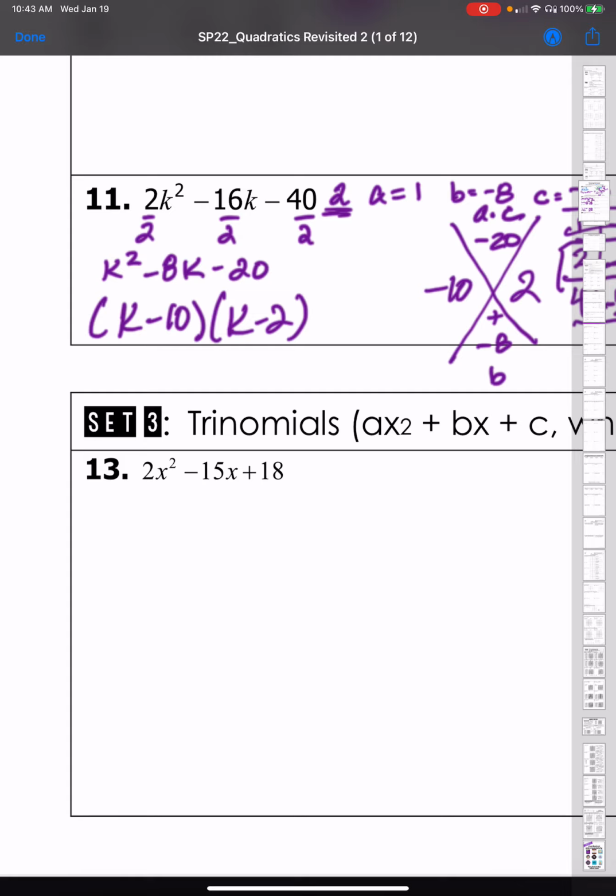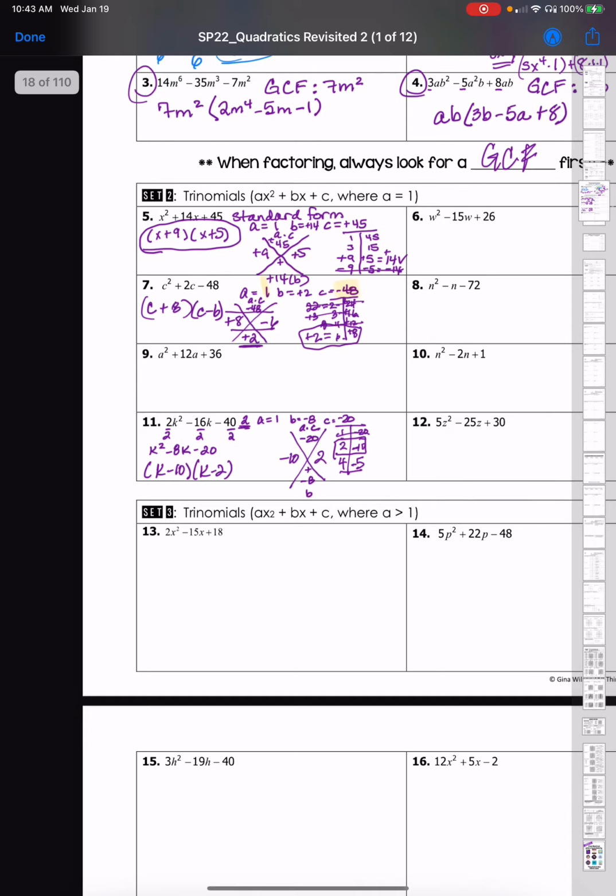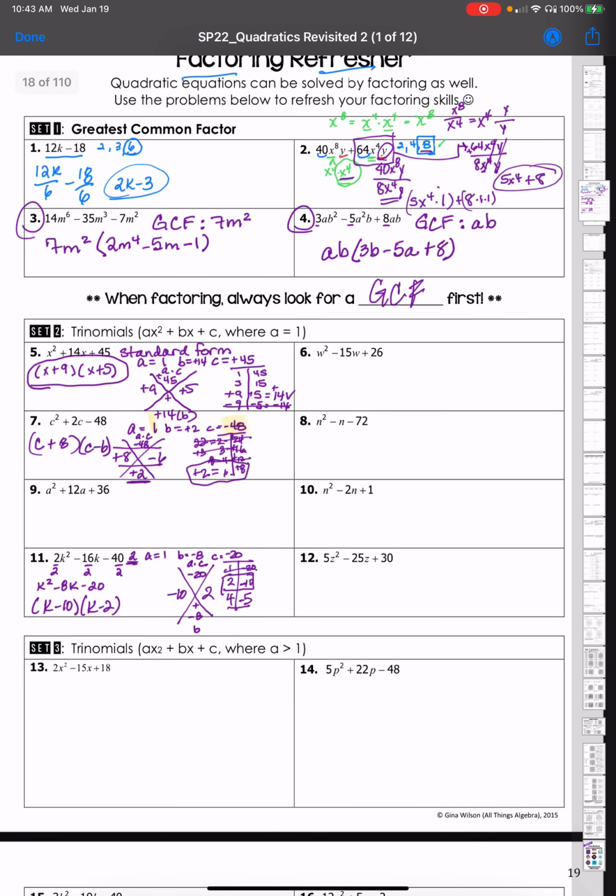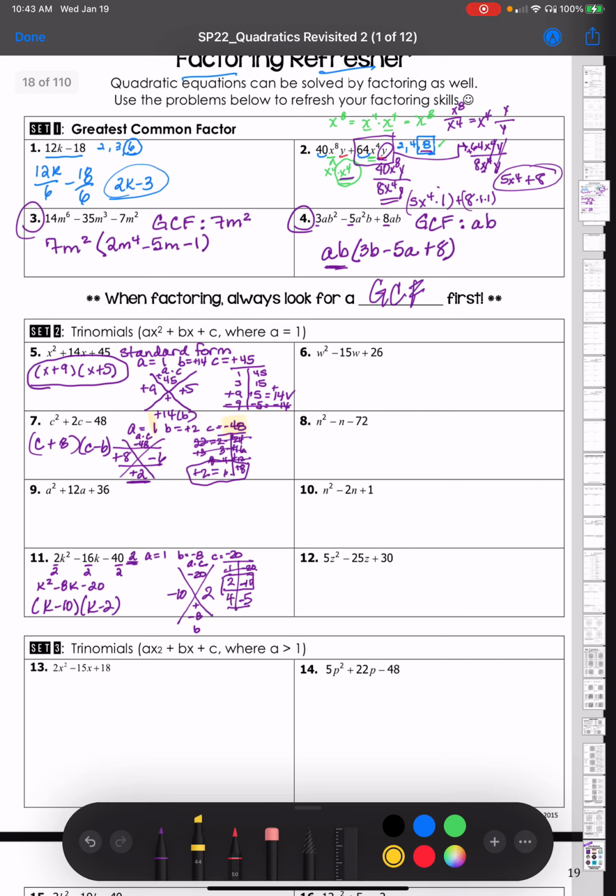Now if I had a variable there, like we did in number 2 and 4, as well as 3, if I had a variable on the outside, as you see here, like AB out here, and M squared out here, then I would have had to keep what I had on the outside.